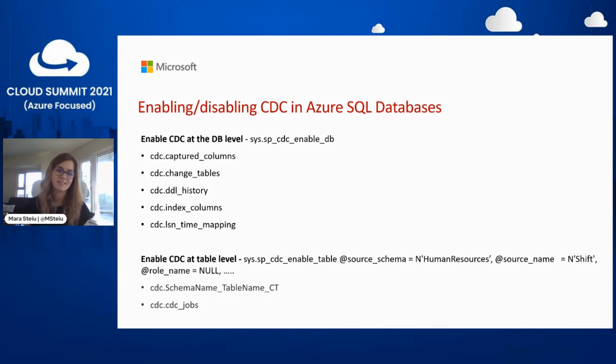Once you do enable CDC at the database, you also enable it at the table level. This is what you would run to do that, and the moment you do that, your capture and cleanup get created, and there is a table to track changes on your source table. So if you do this on SQL Server or Azure SQL Managed Instance, you must ensure that your SQL Server Agent is enabled for these 2 jobs to run.